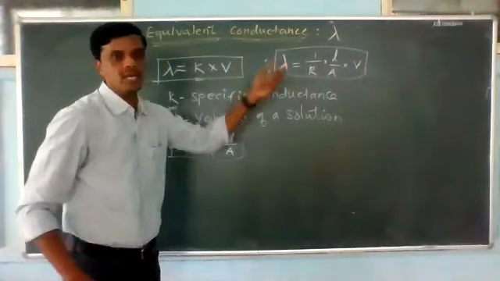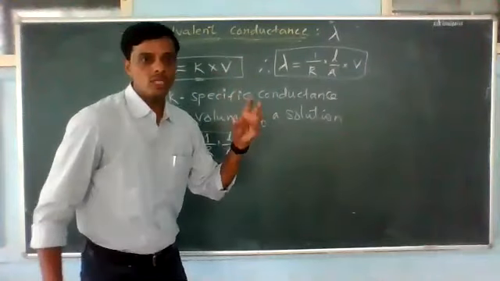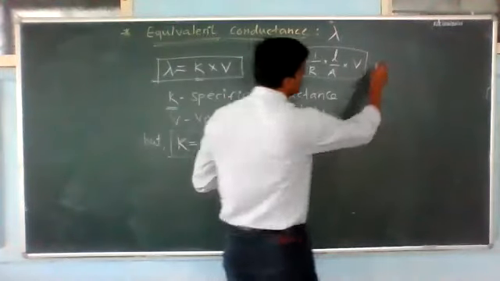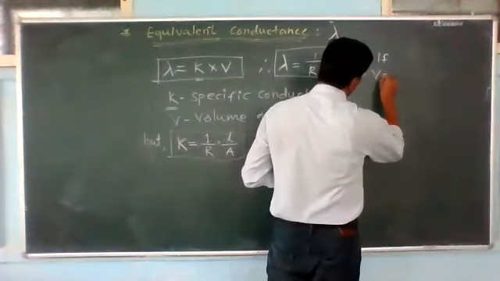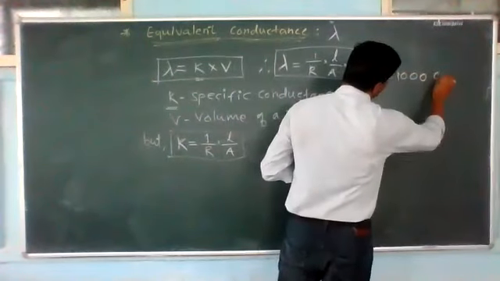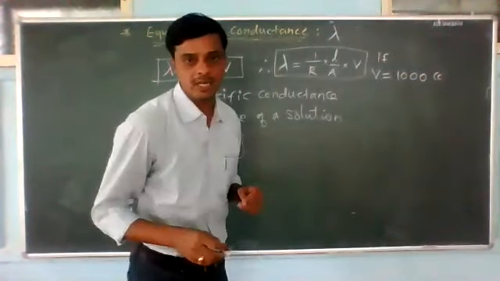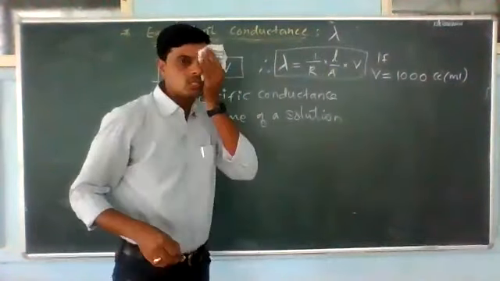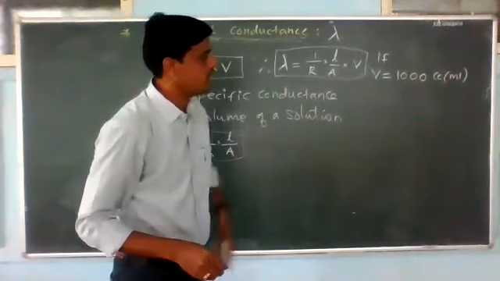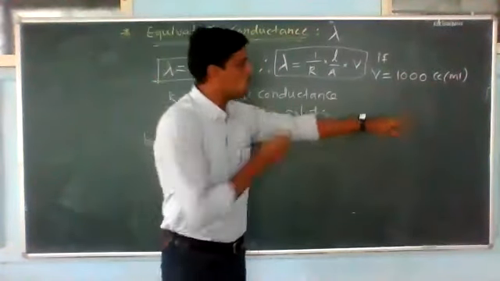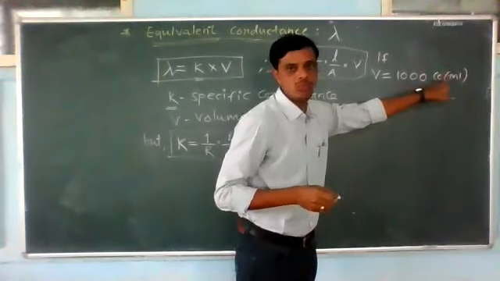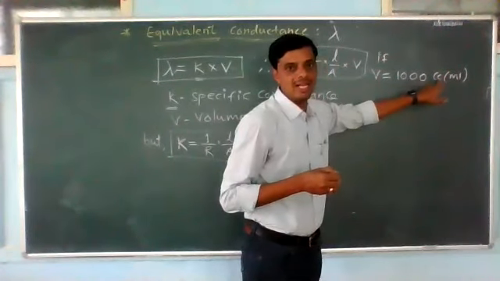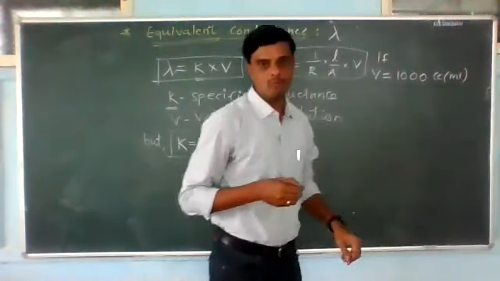And again we can write, if the volume of the solution is 1000 cc, cc means cubic centimeter, or in other words, if water is used as a solvent to make that solution, then to make this term simple, we can imagine cc stands for cubic centimeter, and that will be equivalent to ml, milliliter.